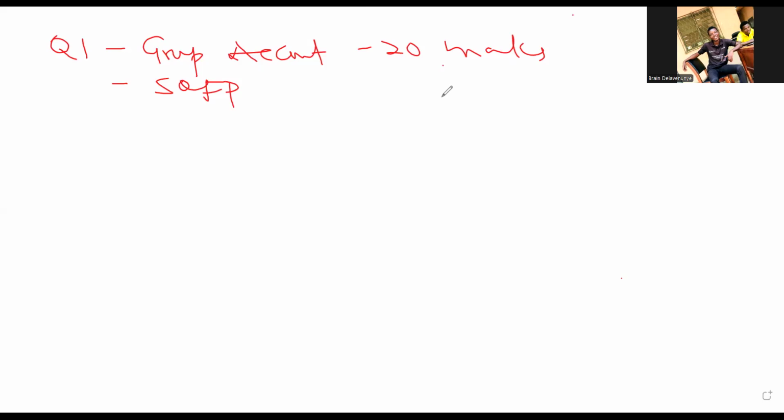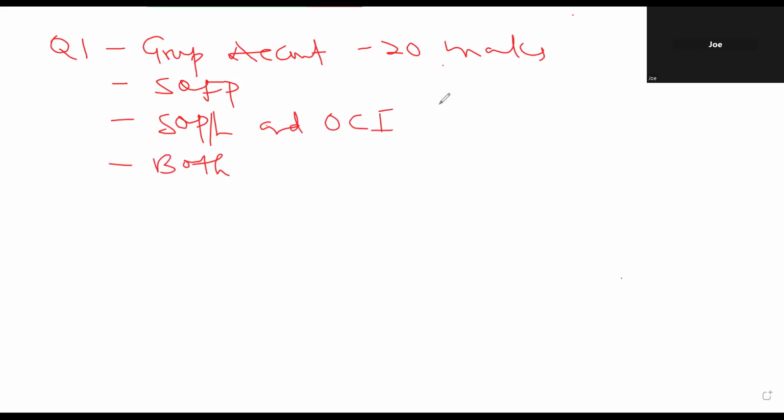They can give you the statement of profit or loss and other comprehensive income, also for 20 marks, or they can give you both. Last sitting, they gave both. Whatever be the case, you are going to be answering question 1 for 20 marks.